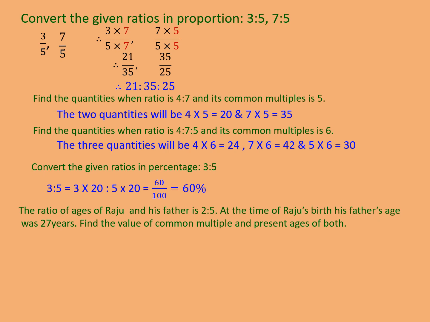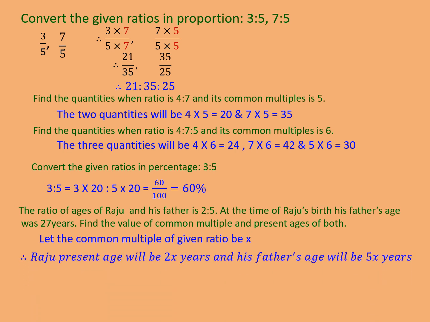Now let us solve one sum. The ratio of the ages of Raju and his father is 2:5. At the time of Raju's birth, father's age was 27. Find the common multiple and the present age of both. So first the ratio is given, so we must find the common multiple. Let the common multiple be x.